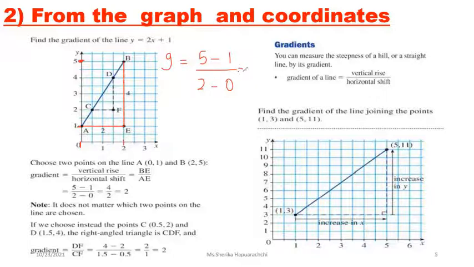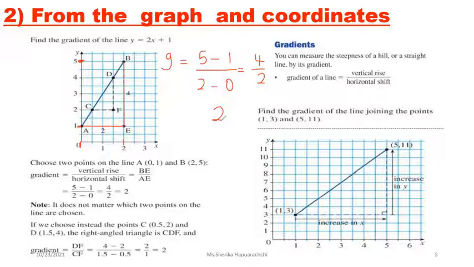So 5 minus 1, I'm getting 4, and 2 minus 0, it's 2. So 4 divided by 2, I'm getting 2. The previous time also we got the gradient as 2, and this time also we got the gradient as 2. So remember, for the exam, you can apply any method that you want.